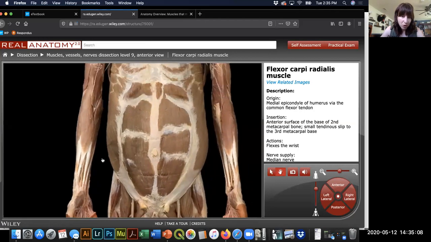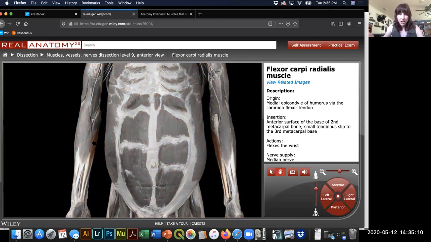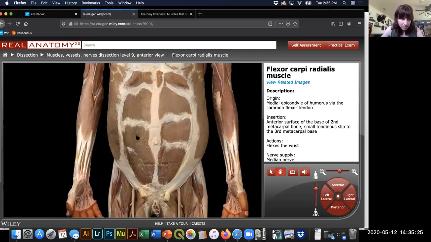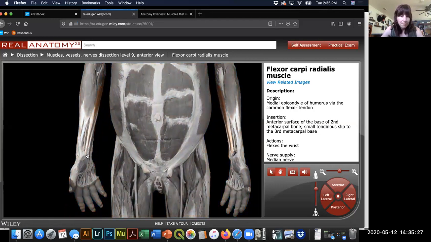They got him in anatomical position, but his arms are kind of aiming inward there. But this is the Flexor Carpi radialis. And as you can see, the tendon for this muscle is going to be inserting at the wrist, and it is going to be allowing you to flex your wrist, okay? So it is a flexor.